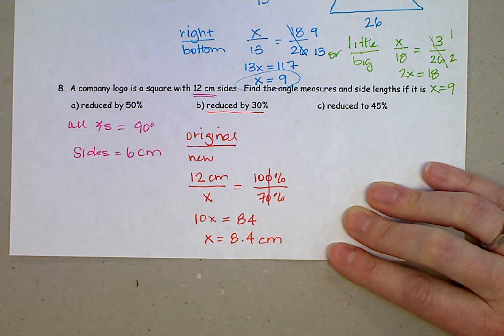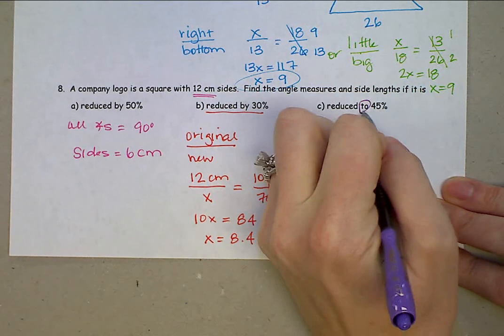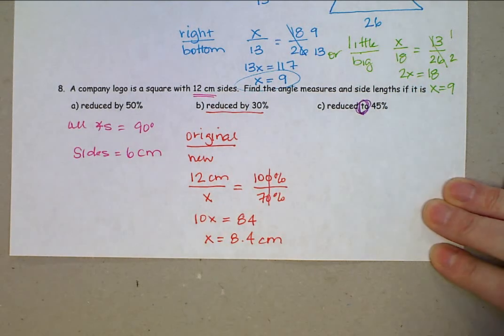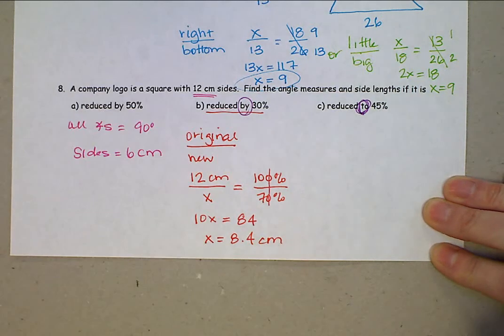Okay? Part C is different than part B and part A, actually, in that now it's saying we're reducing to. So that little word "to" makes a difference between those two. Okay, reduced by means that you're taking away that 30%. Reduced to means that you actually have that 45%.